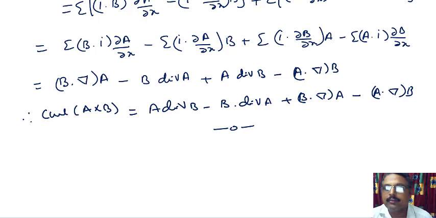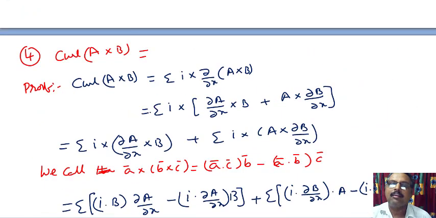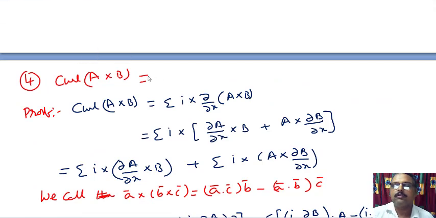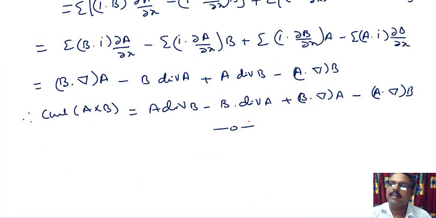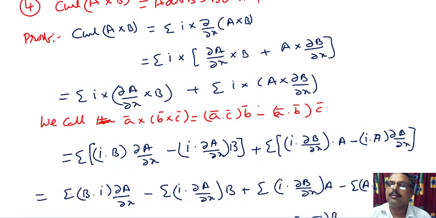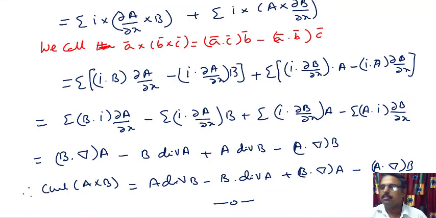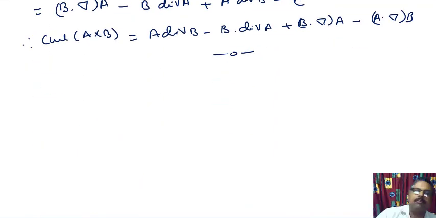Okay, I will write here: A divergence of B minus B divergence of A. Now check it. A divergence of B minus B divergence of A plus B dot del A minus A dot del B. This is the fourth identity.